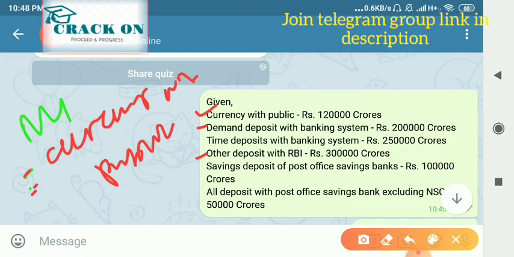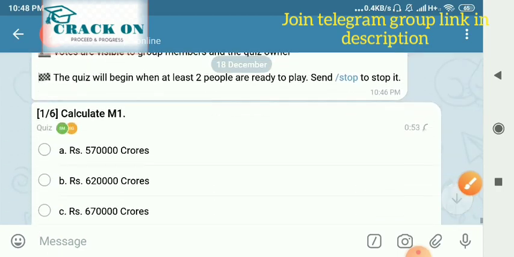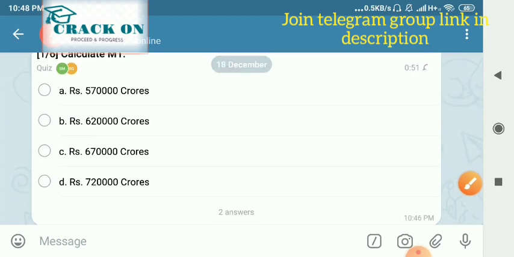So this is 1.2 lakhs, 2 lakhs, and this is 3 lakhs. 1.2 plus 2 plus 3 is 6.2 lakhs. This is the answer.